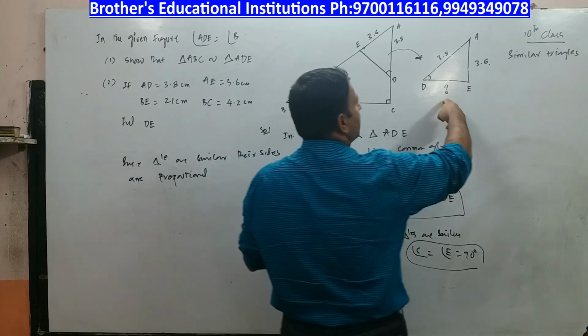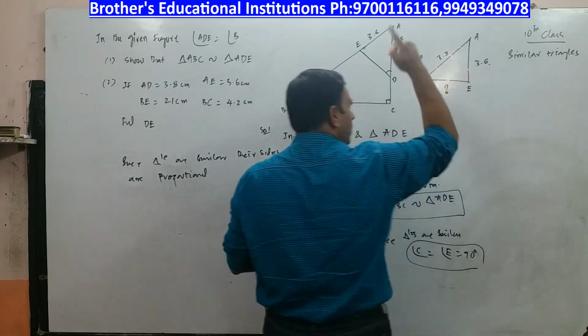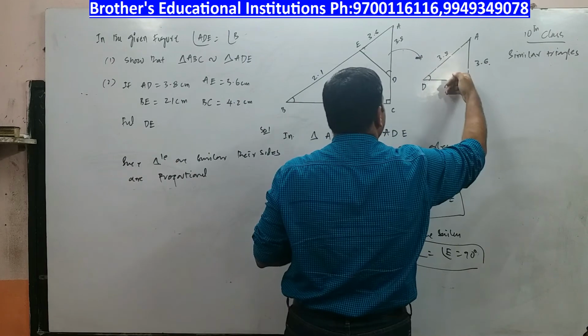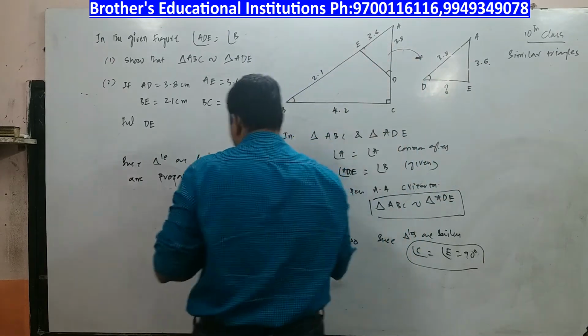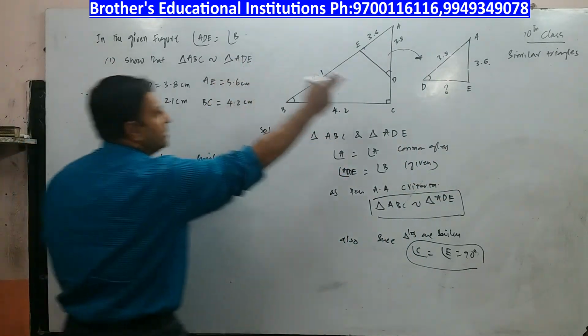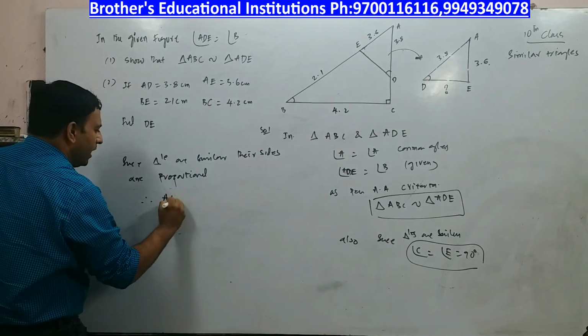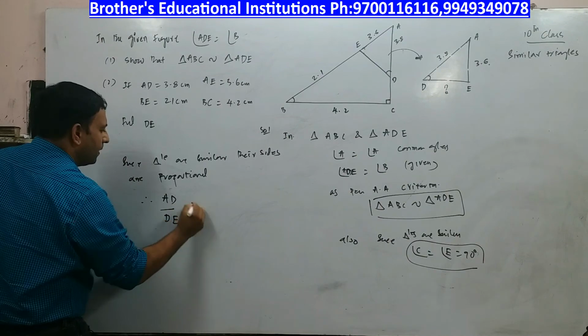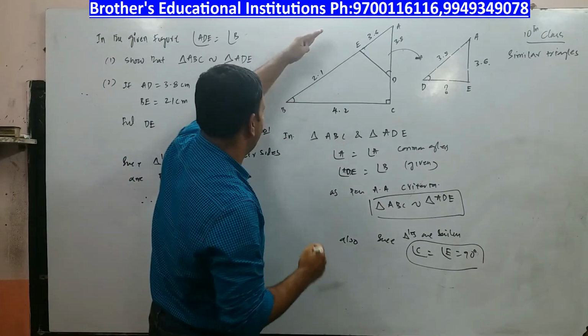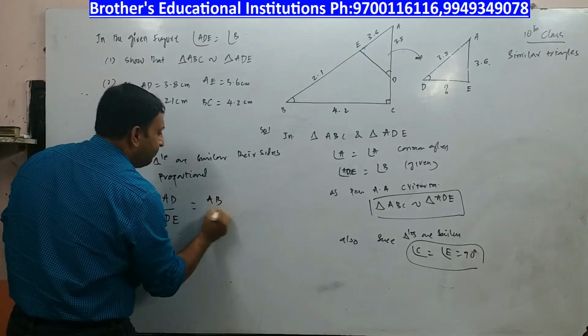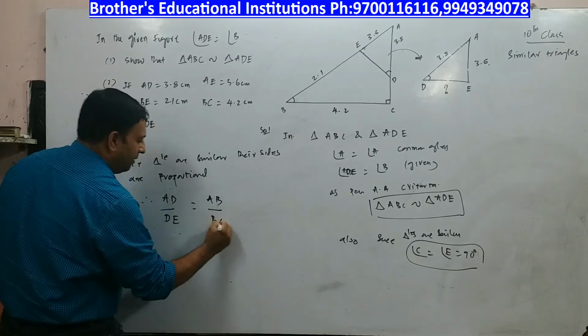Now I have to find this. So I will consider this by this. Look at the board. This by this is equal to this by this. So AD by DE is equal to AB by BC. Be very clear.